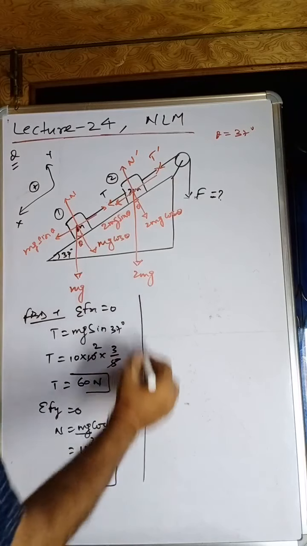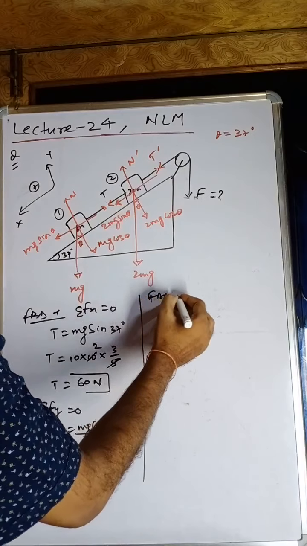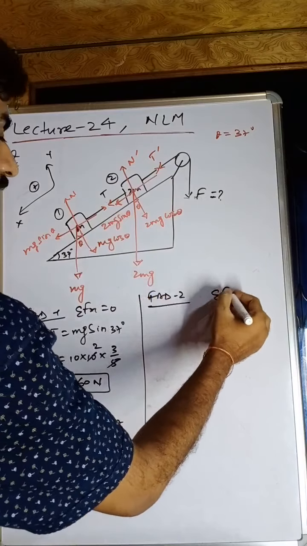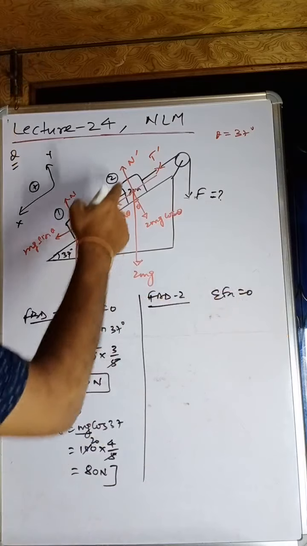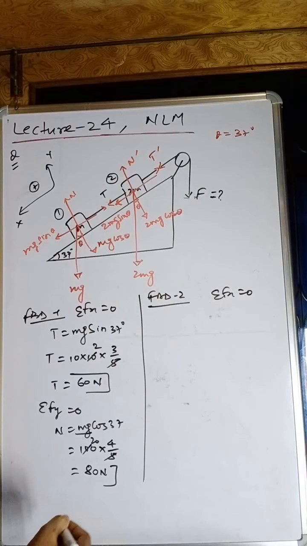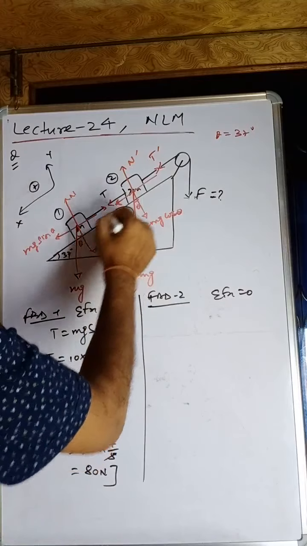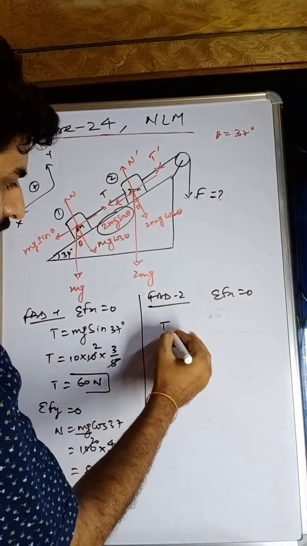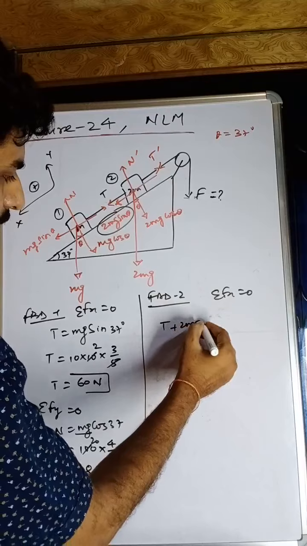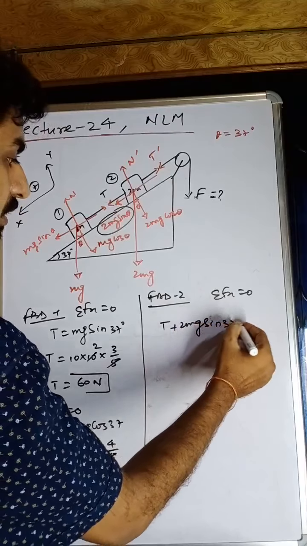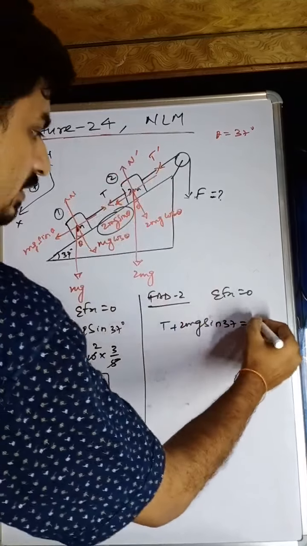Now for FBD2, we know that sigma F_x equals 0. Now the total forces acting downward are T plus 2 mg sin 37. Here T plus 2 mg sin 37 is balanced by T dash.